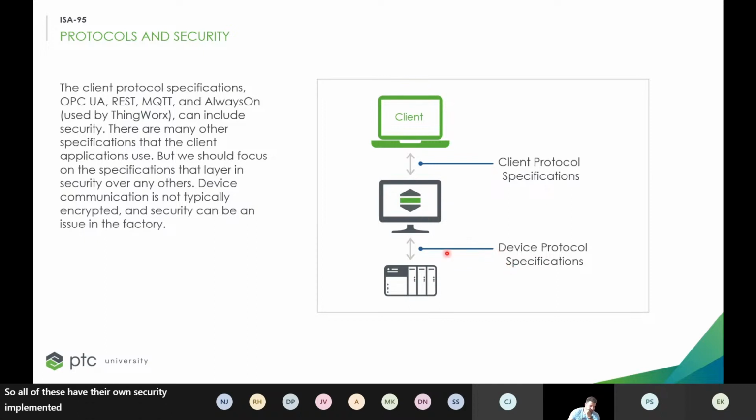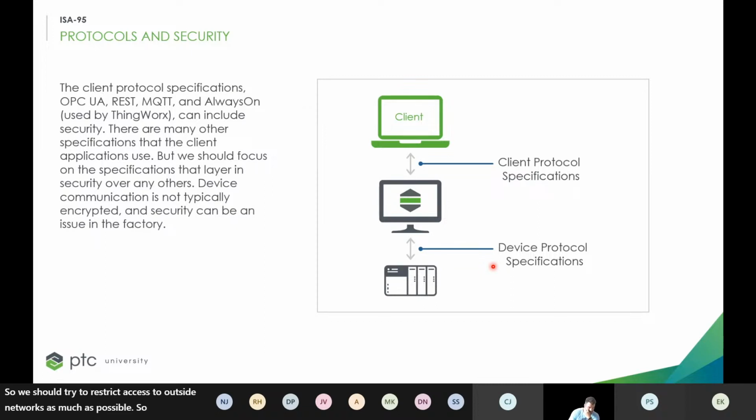Now, looking at the device protocols, device communication is not usually encrypted. That's the problem here, because this can be an issue on a factory floor. So we should try to restrict access to outside networks as much as possible.